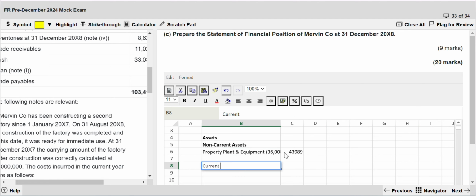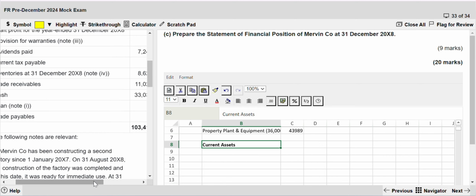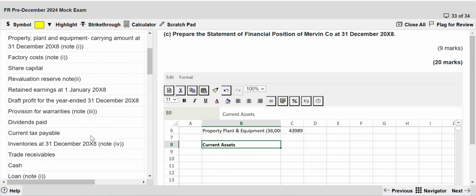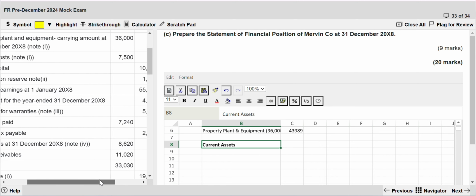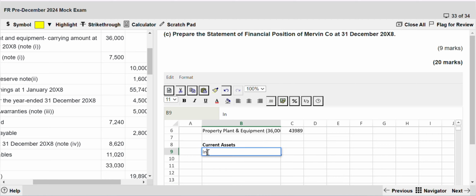The next one is current assets. What is current assets? We have inventories. What was the working for inventory? Working 4, right? The amount of inventory? 6,000. Correct, right? Trade receivables, no changes.